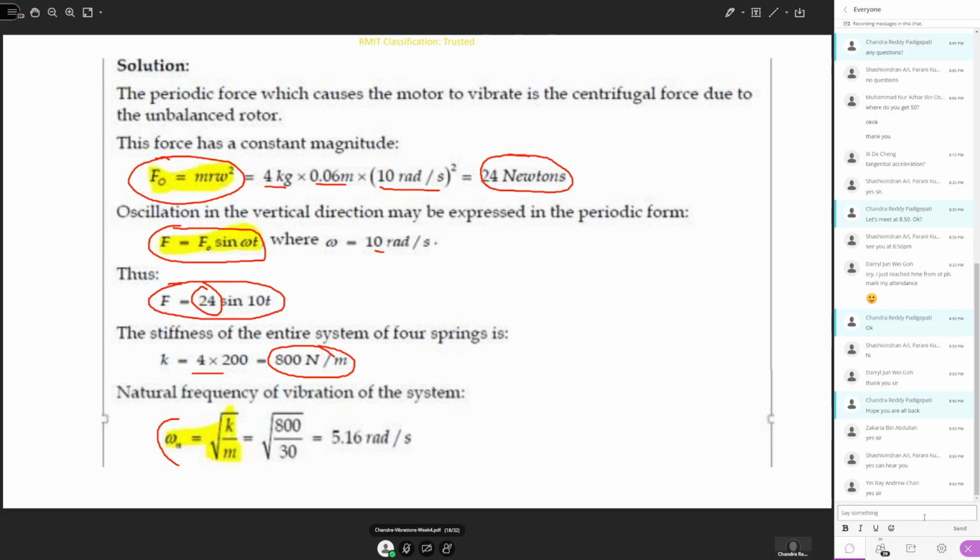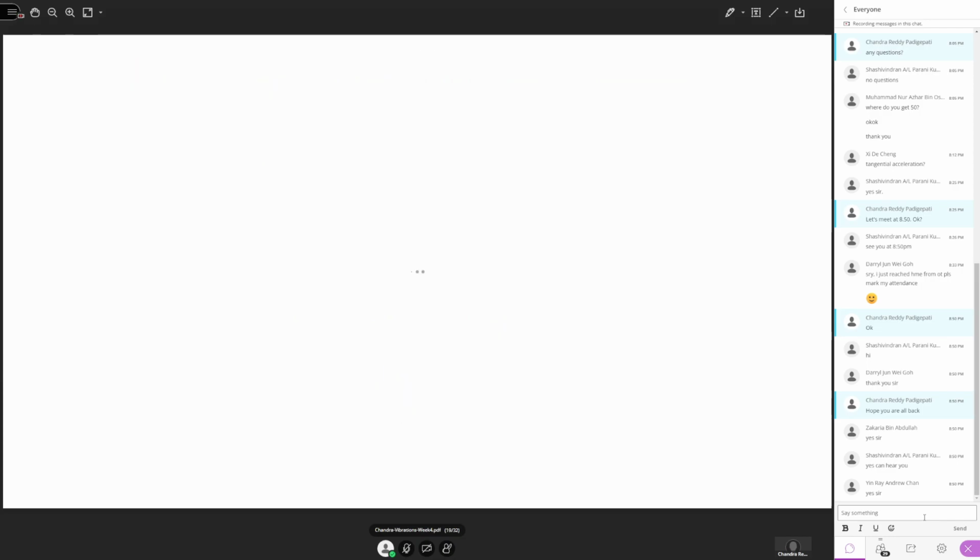Okay, so now you can straight away apply the required equations. You can calculate the magnitude of the displacement. The amplitude we can write, I'm sorry, X can be written as F naught over K. F naught is the force which we calculated, 24. 800 is the total spring constant.